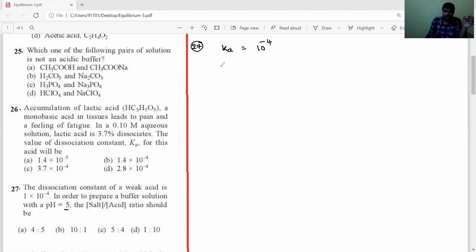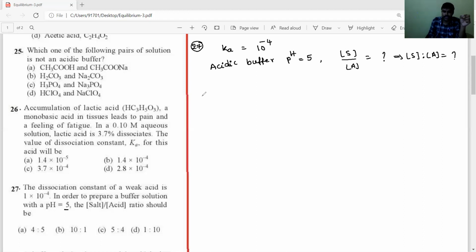So for this acidic buffer solution, pH is equal to 5 they gave, and we have to find the ratio of concentration of salt to concentration of acid. That is, the ratio of salt to acid, how much we have to find in the given solution.